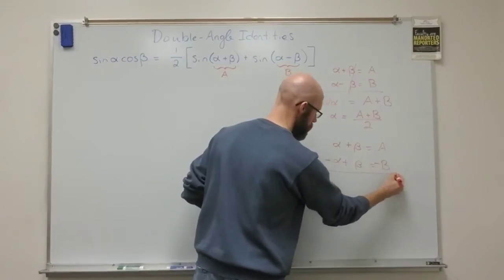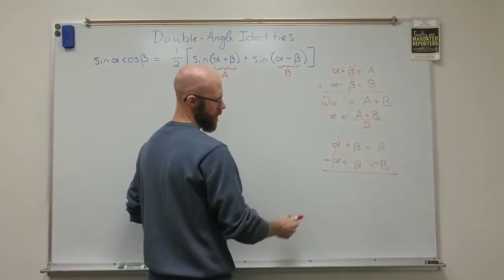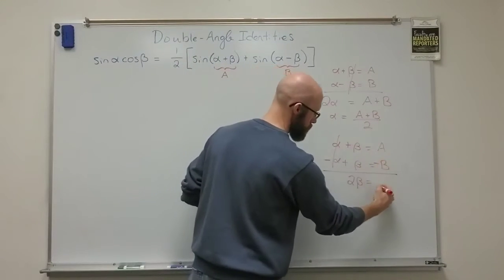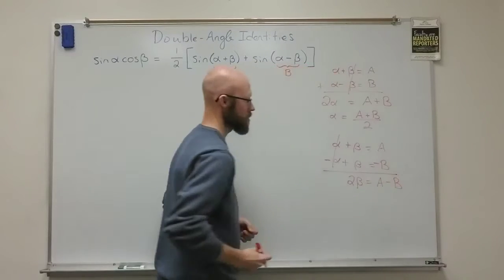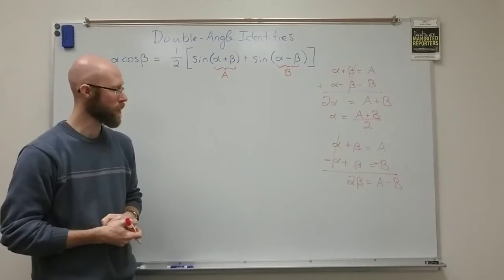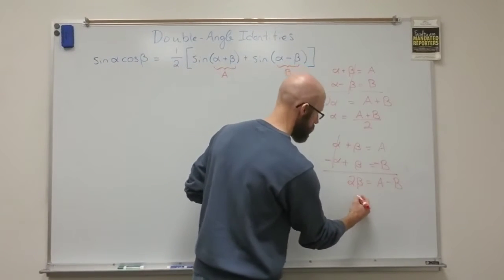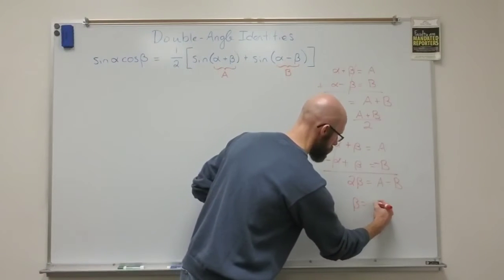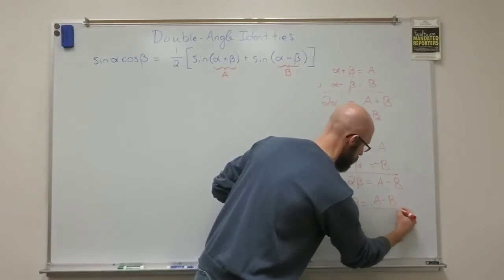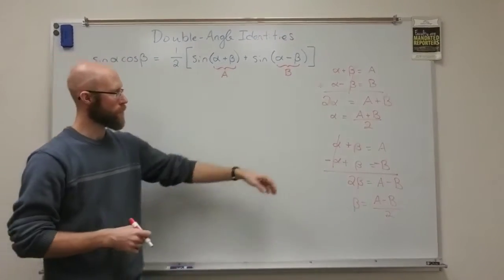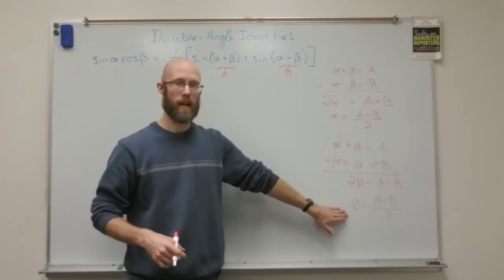Then you combine your terms. The alphas drop out. You get 2 beta equals A minus B. And then if I solve that for beta, I divide both sides by 2 and get beta equals A minus B over 2.